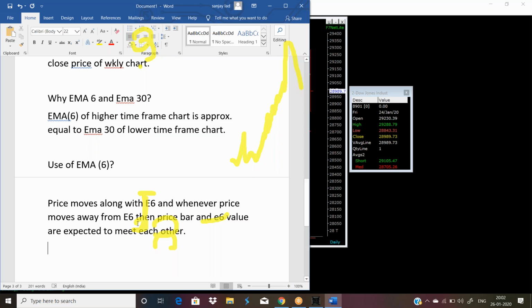If the price is going away from E6 at the lower end, then either the price will meet E6 or E6 will meet the price. Again, when the price goes away from E6 at the higher end, then the price will fall and meet E6, or the price will keep on rising and E6 will meet the price bar. So there is an expected meet.